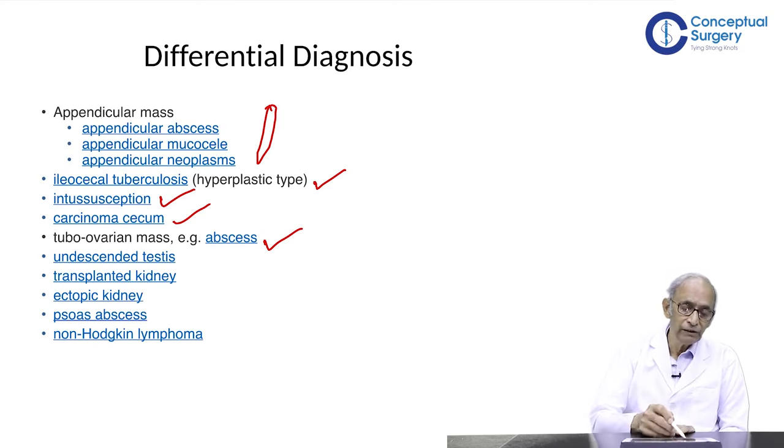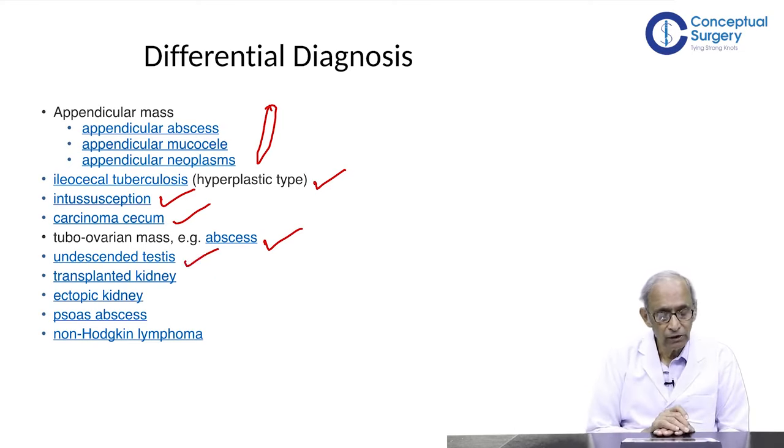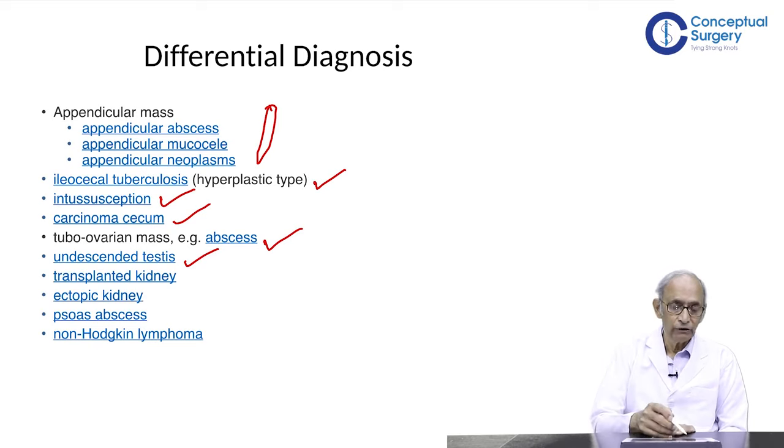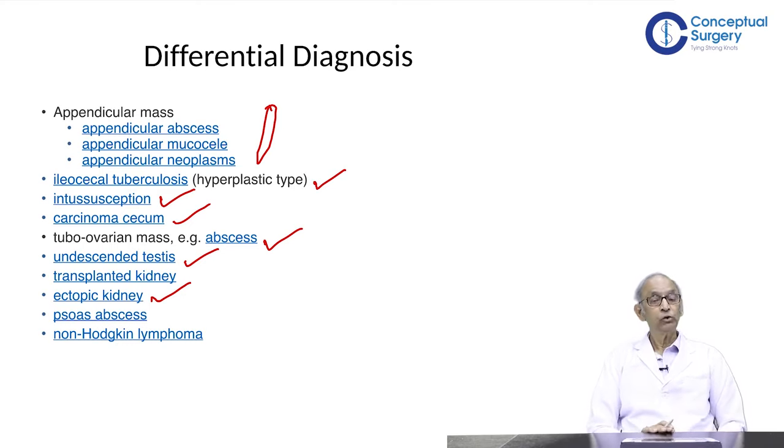And interestingly, something which is not a resident but lies along the path is the undescended testis. Since it gets stopped sometimes midway and lies in the inguinal canal, undescended testes can also present here. Ectopic kidney, which I have already mentioned, and psoas abscess.